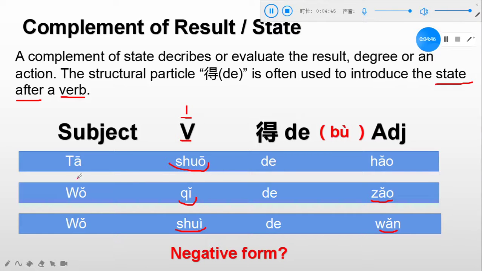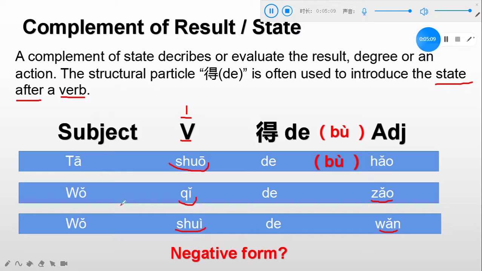Then we can just say 他说得不好. So the meaning is he speaks 不好, not good, which we can say worse or bad. 他说得不好。This is the negative form of the original sentence.